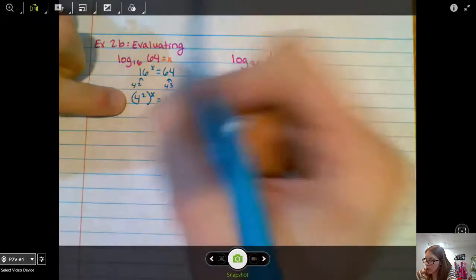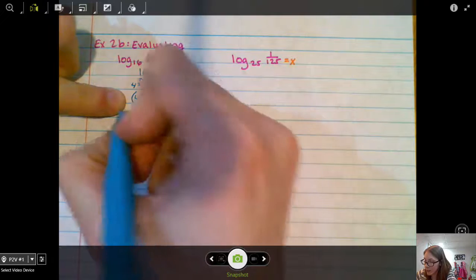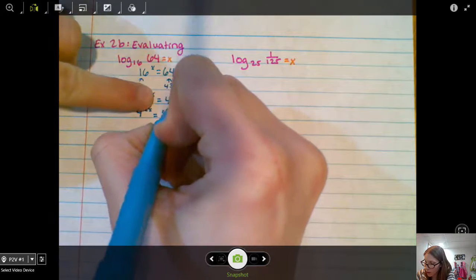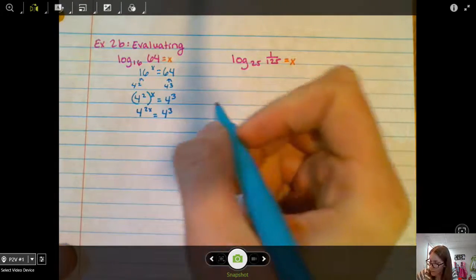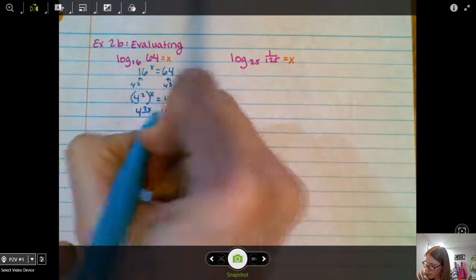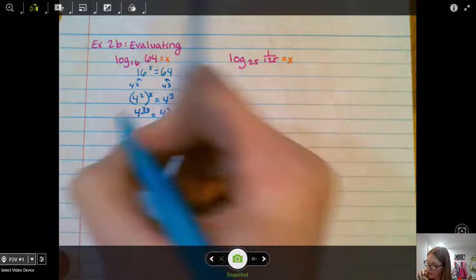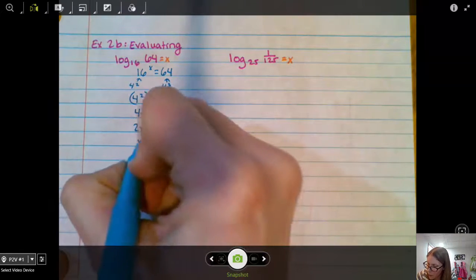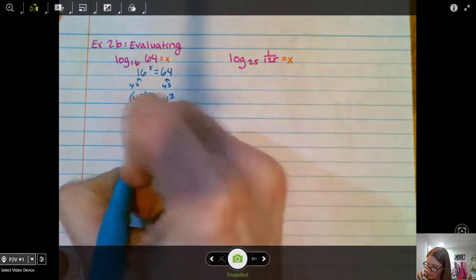So then 4 squared to the x power really means 4 to the 2x equals 4 cubed. These exponents have to equal each other then. So 2x equals 3, and then we divide both sides by 2, x equals 3 halves.